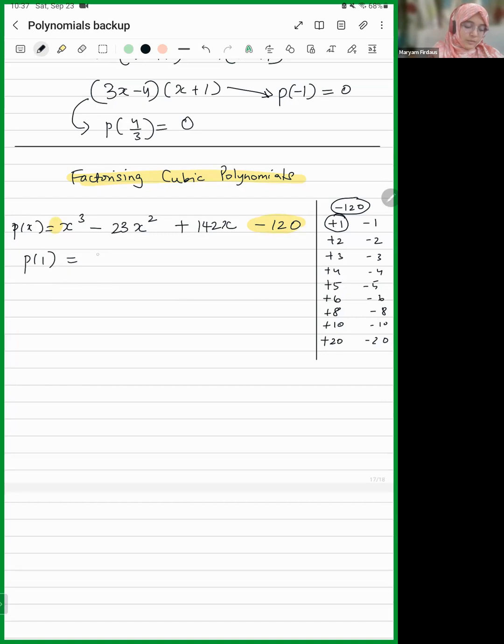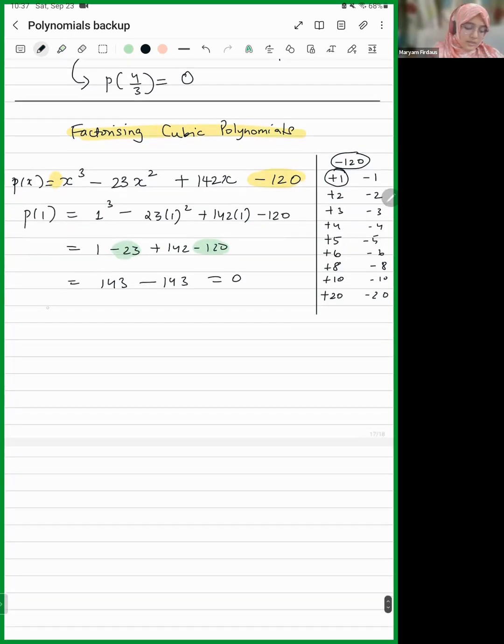So let's see what is p of 1. 1 cube minus 23 plus 142 minus 120. This is 1 plus 142 is 143, minus 143. So this is equal to 0.